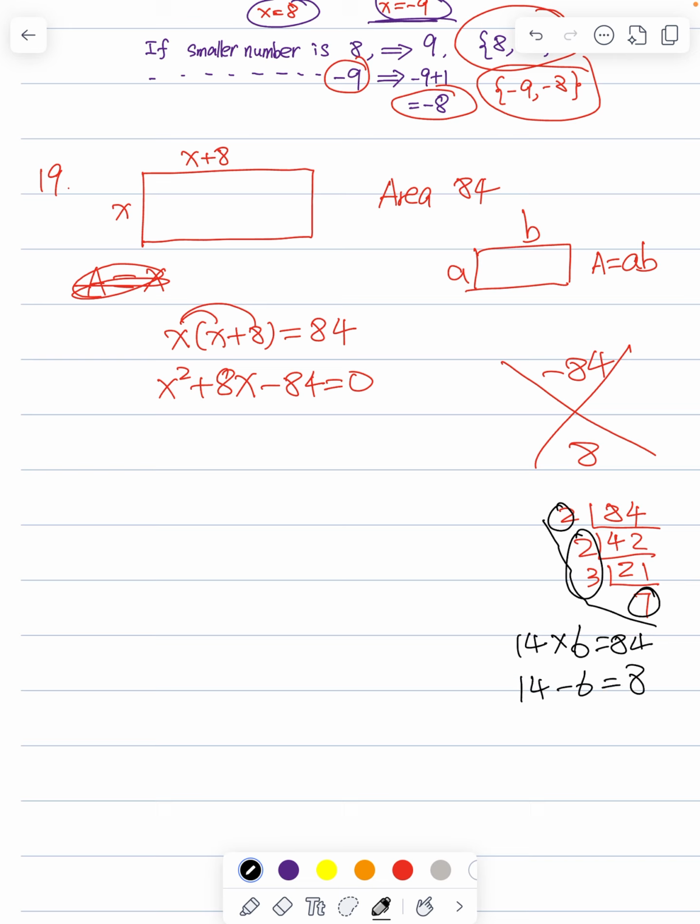The numbers must be 14 and 6. Because the sum is 8, the sum is positive, so the bigger number must be positive. So 14 and negative 6. So I can change the equation to x plus 14 times x minus 6 equal to 0.